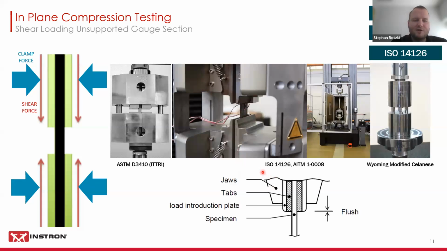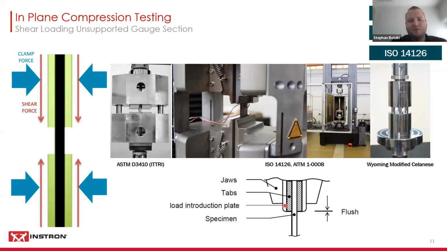There have been revisions over the years in the Airbus standard, so you're using something like a wedge grip, right? So you're going to have jaw faces here, but instead of clamping onto your specimen directly with the jaw faces, you're using something like a load introduction plate, which you can see indicated here in the illustration. You can also see it here on the picture. So this load introduction plate is sticking out beyond the jaw face; the jaw face ends here.